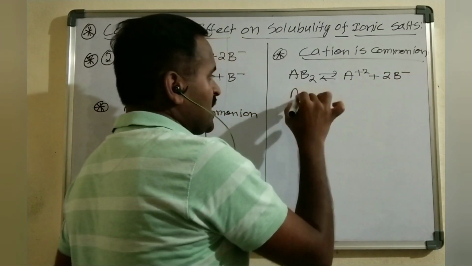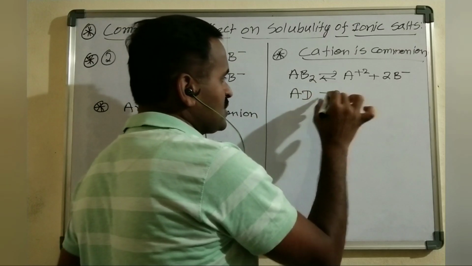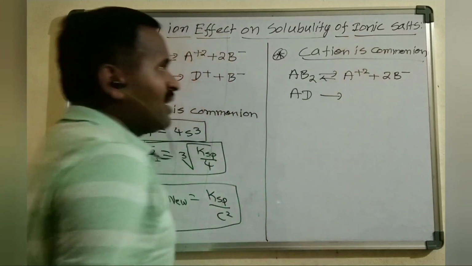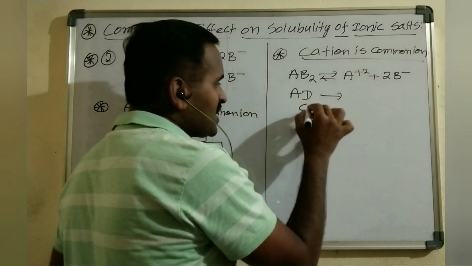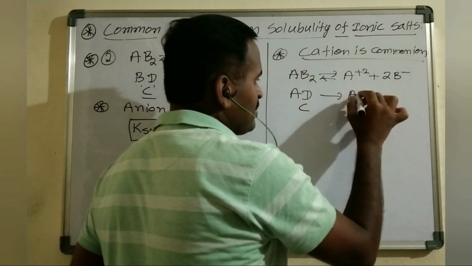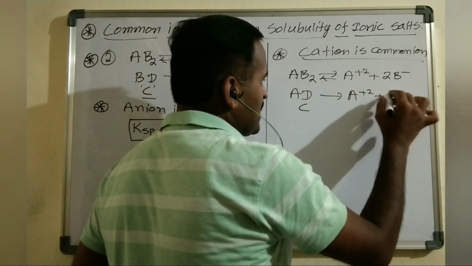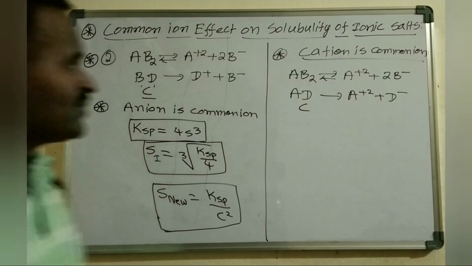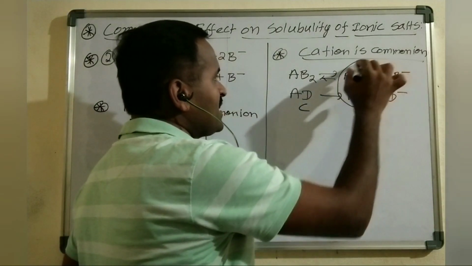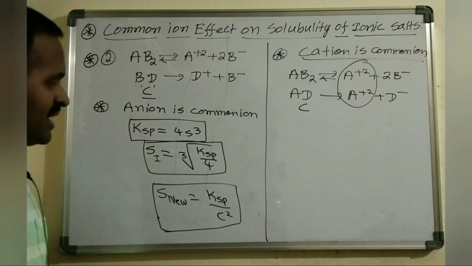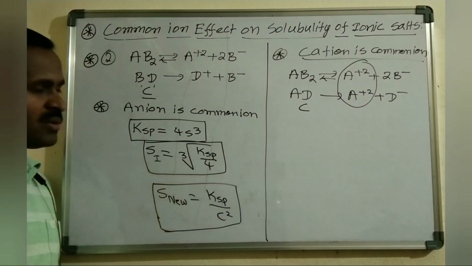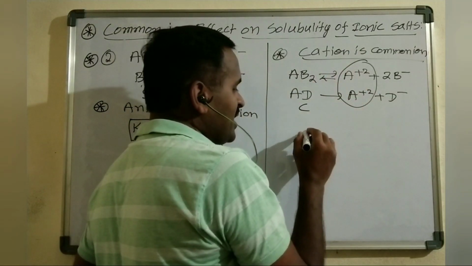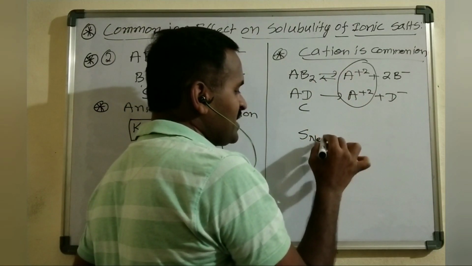Here an AD type of electrolyte is added to this one, an AD type of ionic salt whose concentration is C. So here A plus 2 plus D minus is the dissociation of the AD ionic salt. Here the A plus 2 cation is a common ion, and the initial solubility will again be the cube root of KSP by 4 only, and due to the cation common ion, its solubility will decrease.